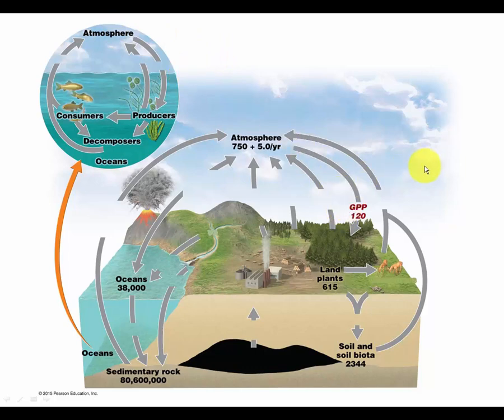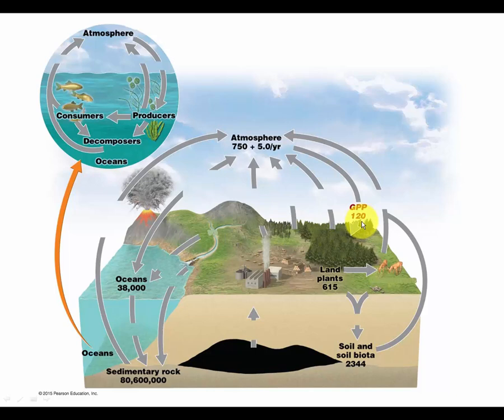What are the rates at which carbon atoms are moving around in this whole scheme? So gross primary production is the accumulation, or is related to the accumulation of biomass by producers.